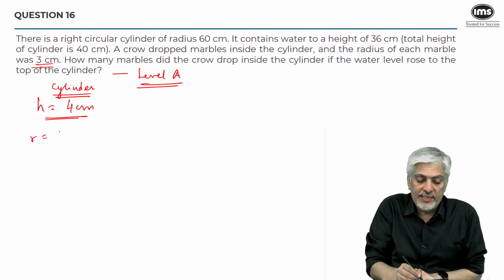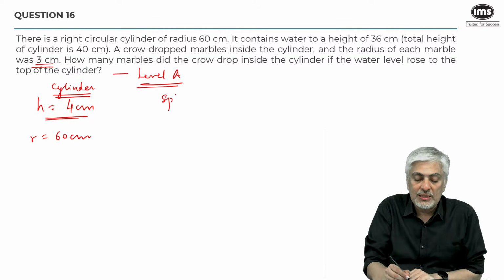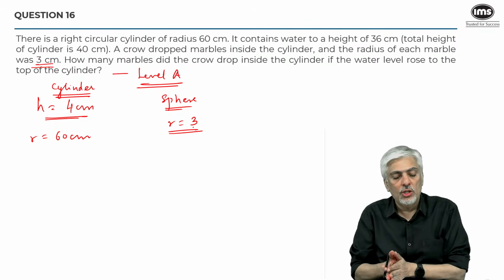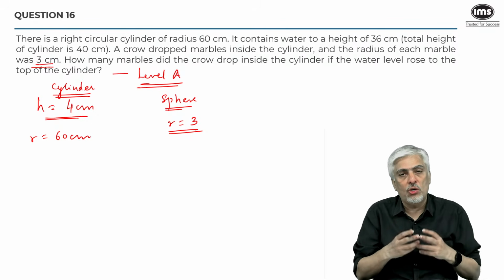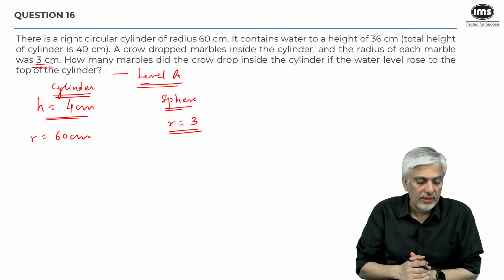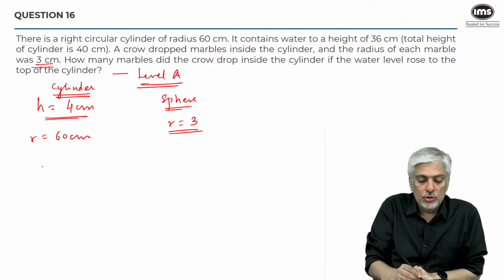And radius was given as 60 for the cylinder, and for the marble, which is a sphere, radius is 3. We need to know how many marbles there were. So the volume of the water which has to rise is equal to the volume of the spheres.